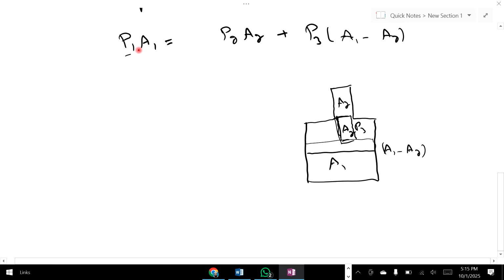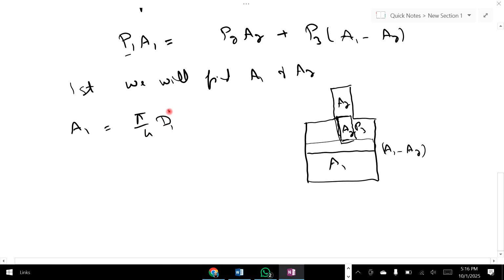So we have to find A1 and A2 first. A1 is equal to pi by 4 D1 squared, which is 3.14 divided by 4 multiplied by 0.1 meter whole squared. So A1 will be equal to 0.00785 square meter.